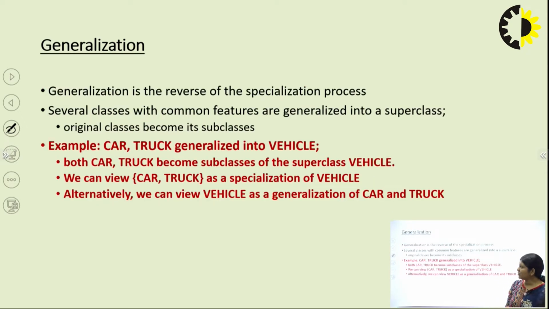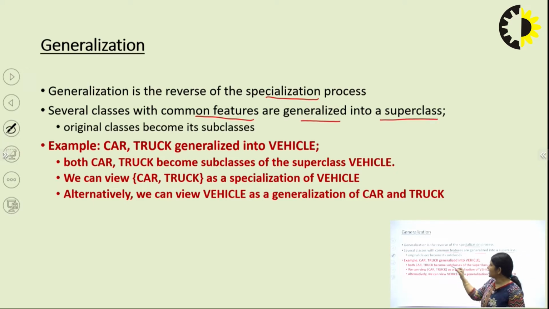Now let's see generalization. It's just the reverse of the specialization process. Several classes at the subclass level that have certain common features are merged together and generalized into a superclass. The original classes become its subclasses. For example, we have car and truck generalized into vehicle.